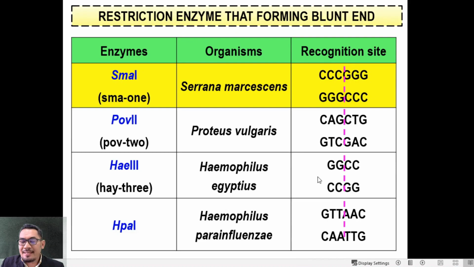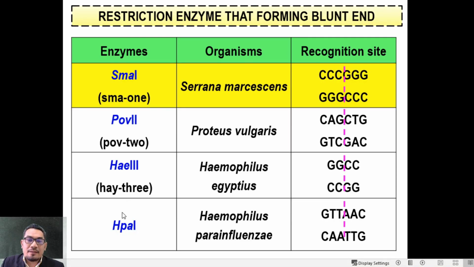The recognition site is 5 prime GGCC 3 prime, opposite strand 5 prime GGCC 3 prime.